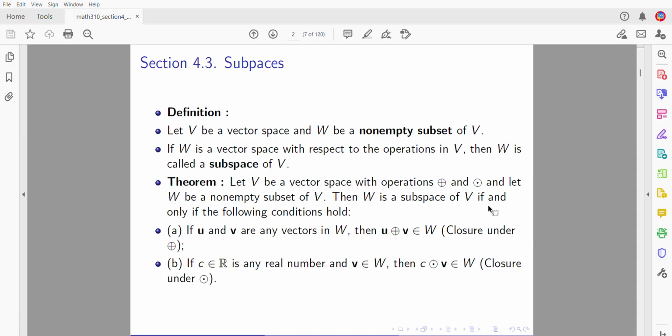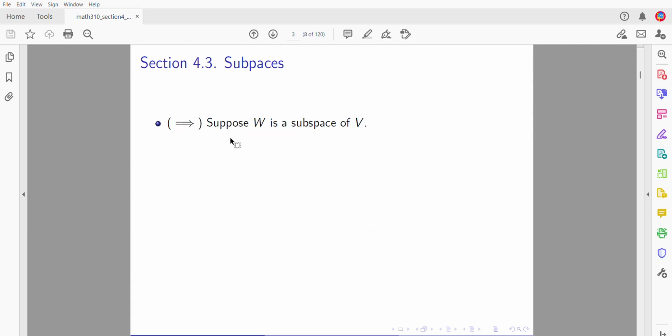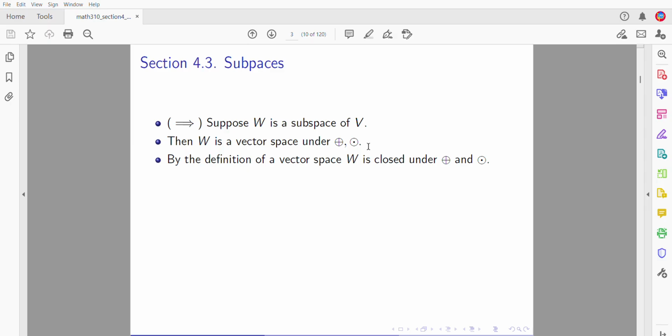What does that mean? Onward direction. Suppose W is a subspace of V. That is, W is a vector space in its own right. Then W is a vector space under ⊕ and ⊙. And by the definition of vector space, W is closed under ⊕ and ⊙. So that's a given because it's a vector space in its own right. Now the reverse direction.